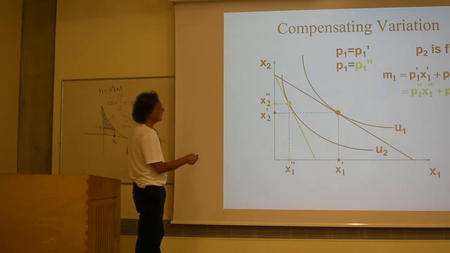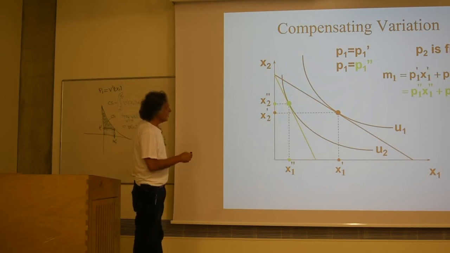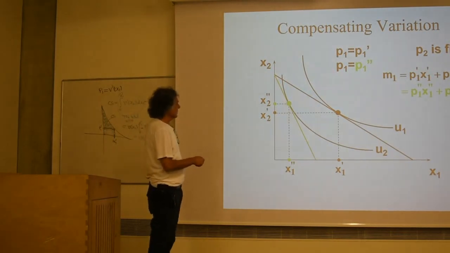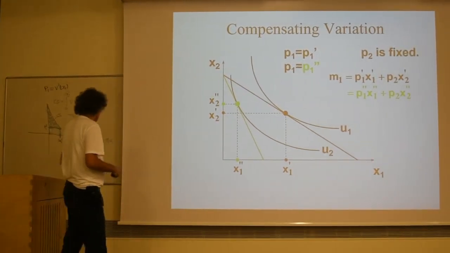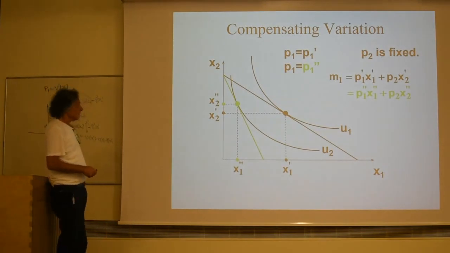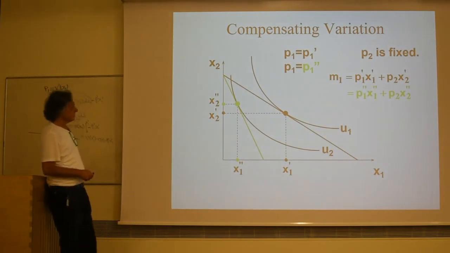Okay, we move to P1 double prime. So now look at the exercise that I'll do. In order for me to allow you to buy this one and that one, it is maybe quite costly for me. Okay? Because in order to allow, what do I need to do? We'll see in a second.